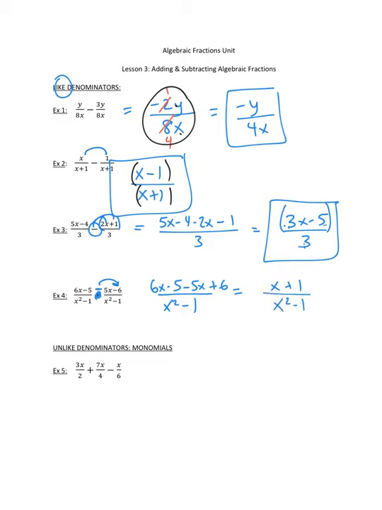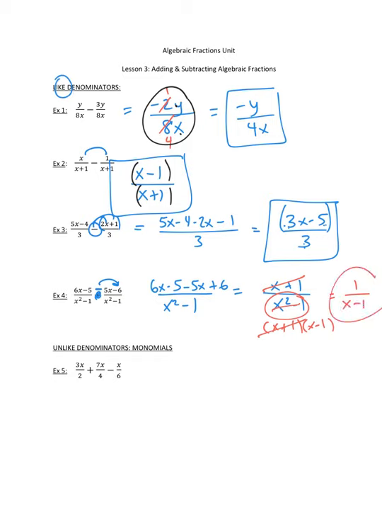Now, if at all possible, you simplify, and that involves factoring. The denominator can be factored as a difference of squares, x plus 1 times x minus 1. So I do have a common factor. x plus 1 is a factor of x squared minus 1. So you cancel out the x plus 1s, and your final answer is 1 over x minus 1.